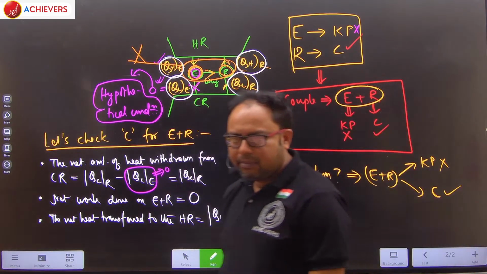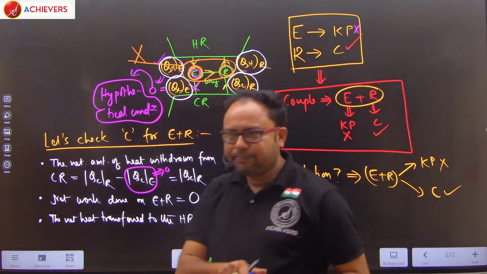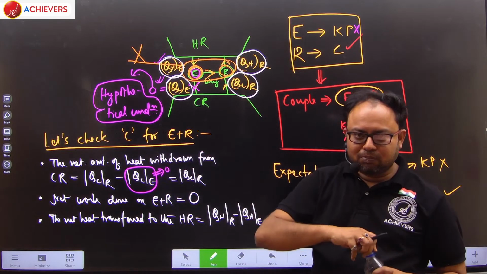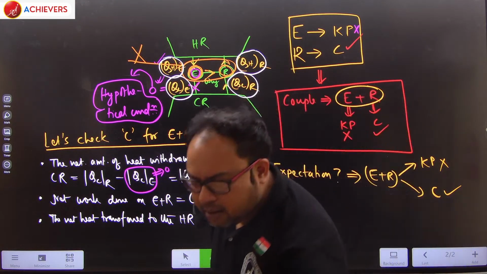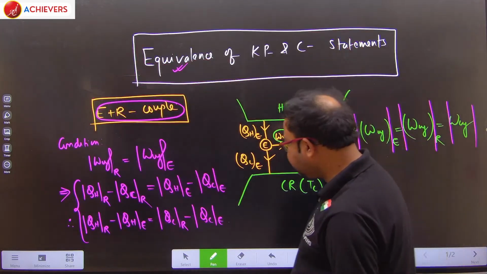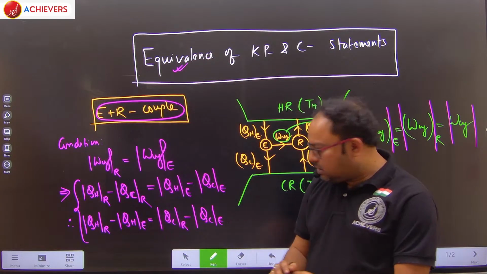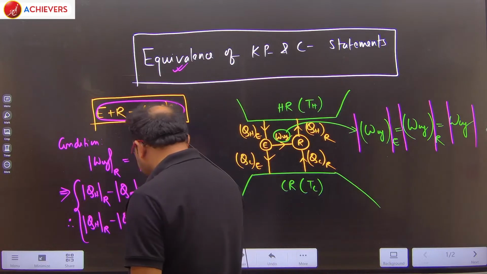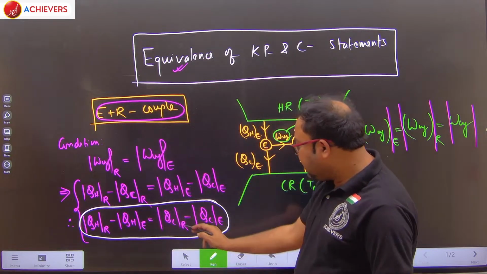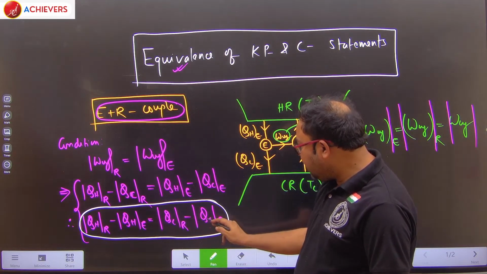Okay. So far so good. Now, let's turn the previous page. See, we have already got this equation. QHR minus QHE is equal to QCR minus QCE.